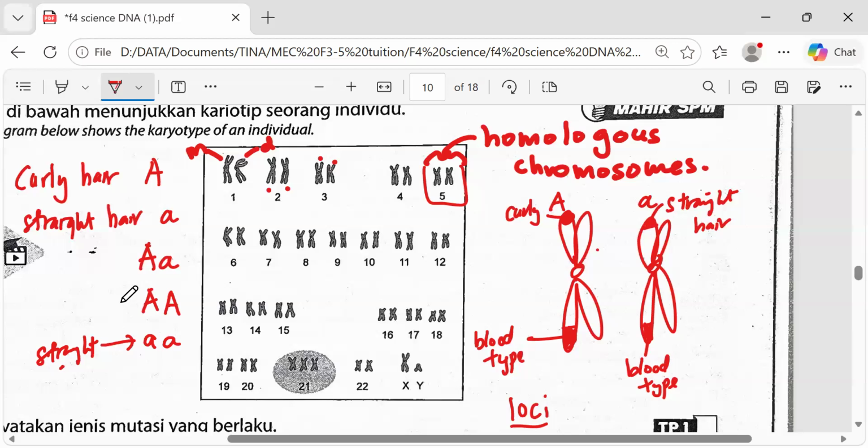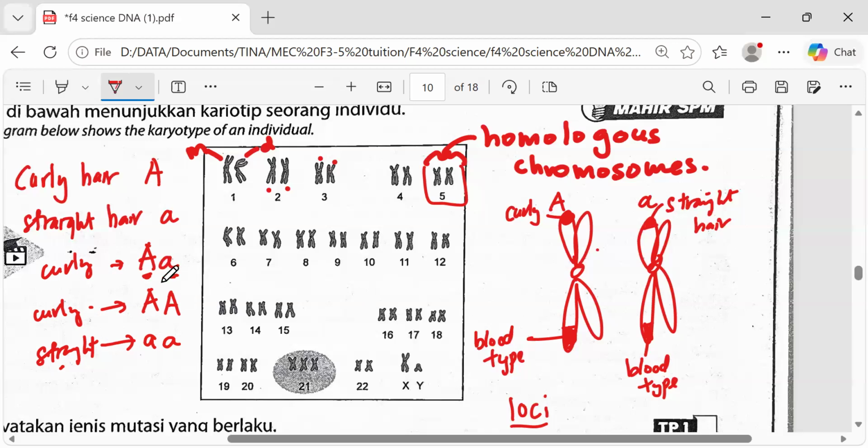If I am big A big A, 100% I have curly hair genes, so I will have curly hair. But what if I am big A small a? A bit curly and a bit straight? No, it's curly hair. Why? Which gene is stronger, curly or straight? If I have one curly hair gene and one straight hair gene, my hair will be curly.